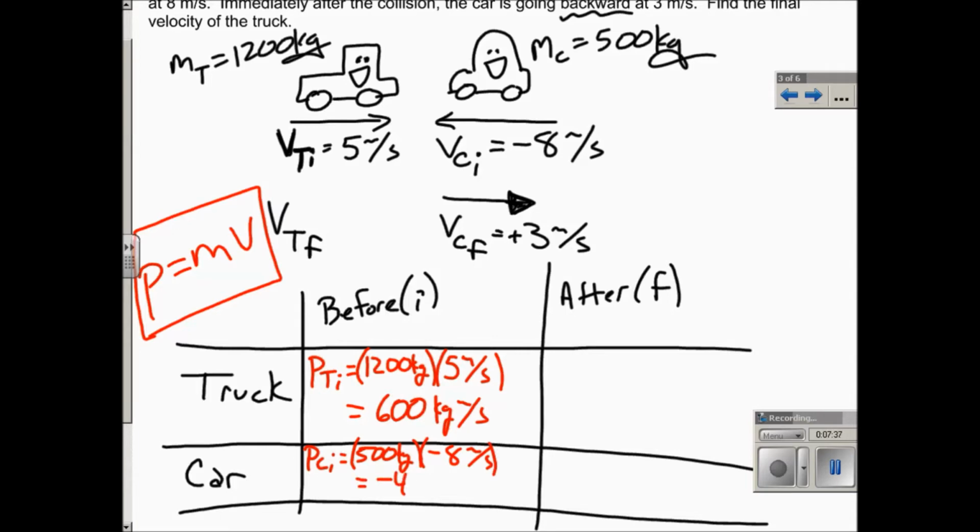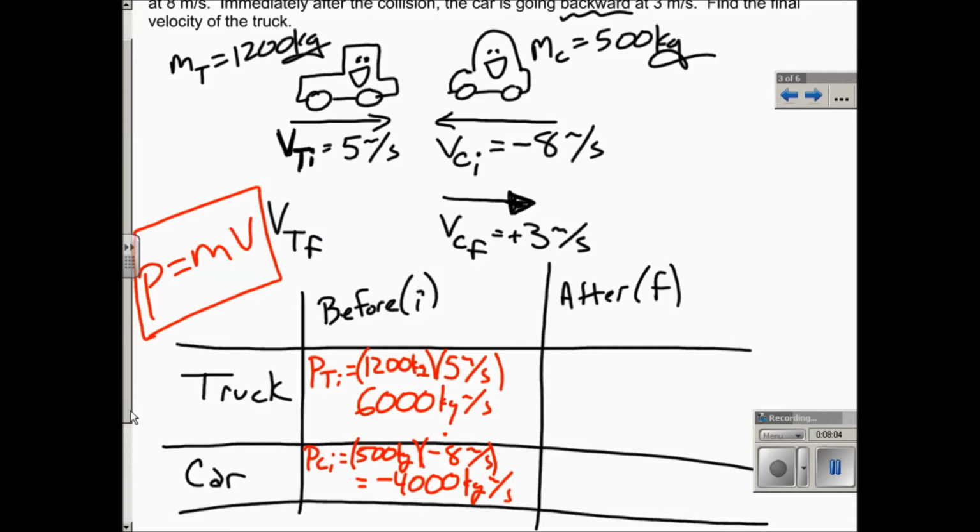And that gives us -4,000 kilogram meters a second. I'm realizing also, hopefully you caught this, I will circle it in green and then fix it. That number there is wrong. It should be 6,000, so let me fix that. Sorry about that. That should have been 6,000 kilogram meters a second.